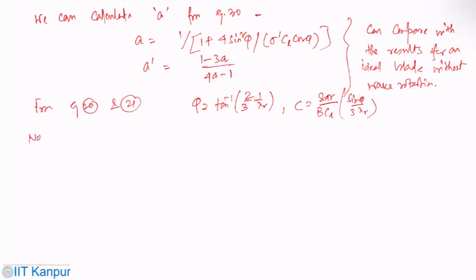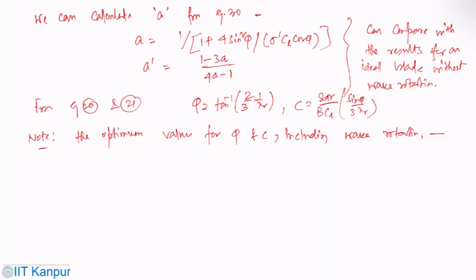Now, one has to note that the optimum values for phi and C, including wake rotation, are often similar to, but could be significantly different from those obtained without assuming wake rotation.